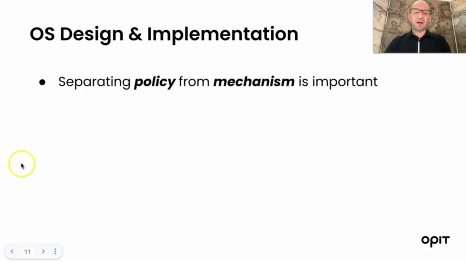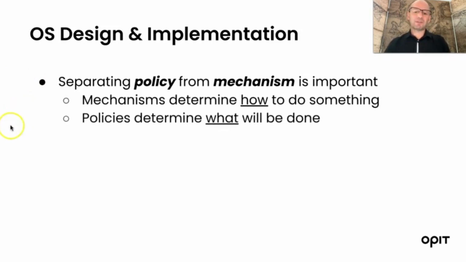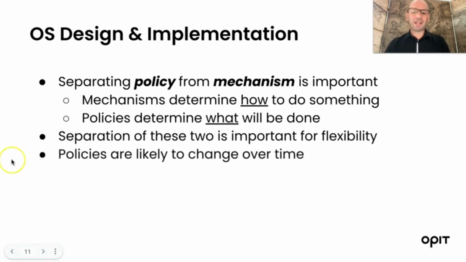Another concept is the idea of separating policy from mechanism. So mechanisms determine how we actually do something, whereas policies determine what will be done. So separation of these two ideas is important for flexibility. Now, policies are likely to change over time.